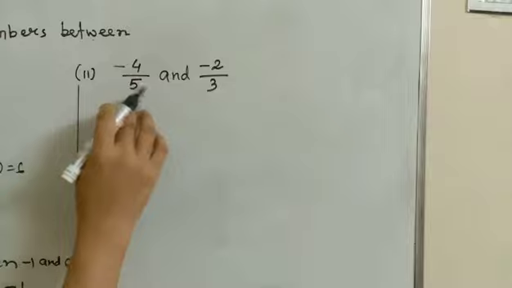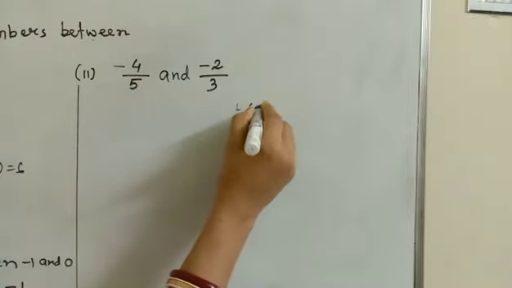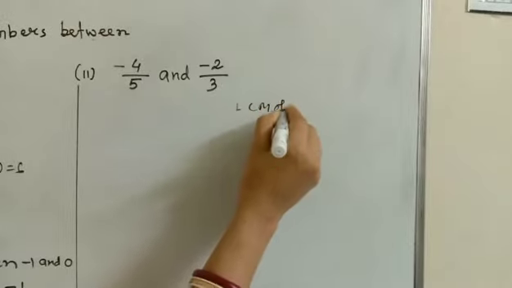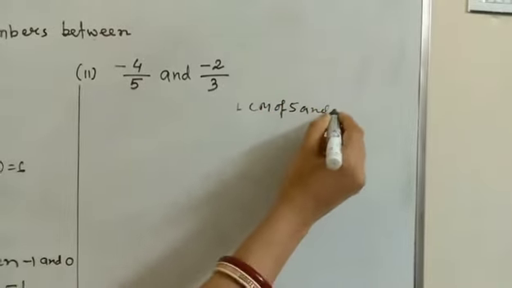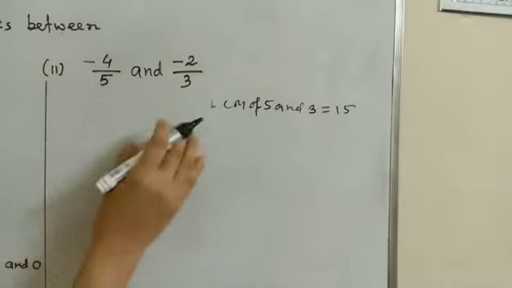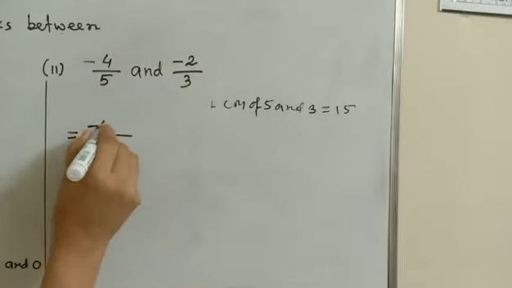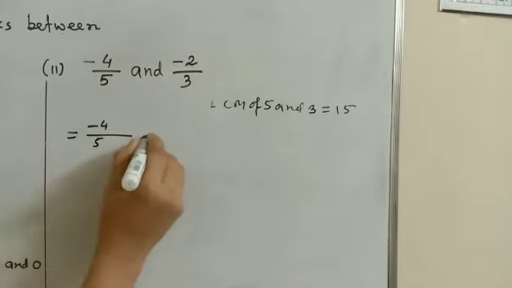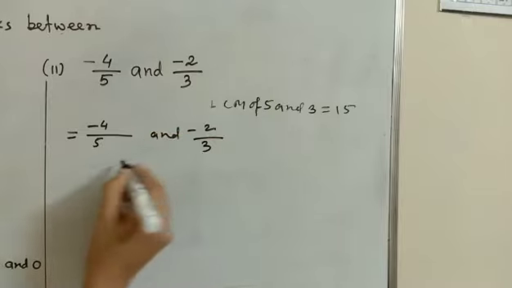You have to take their LCM, and you know that the LCM of 5 and 3 is 15. So make the denominators the same. Write minus 4 by 5 and minus 2 by 3 in this way first.